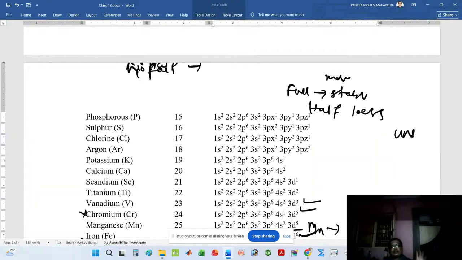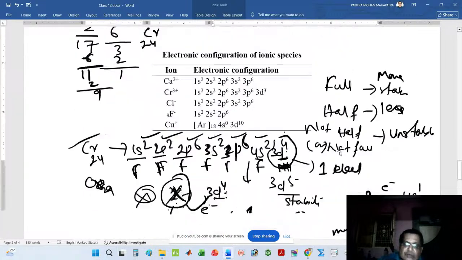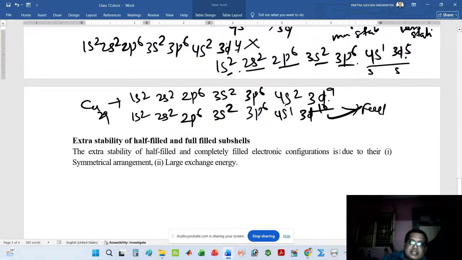Then a question will come to your mind. Why are fully filled orbitals or subshells taken as more stable? Why is a half-filled orbital less stable as compared to the fully filled? This is due to, remember, the symmetrical arrangement and larger exchange energy.